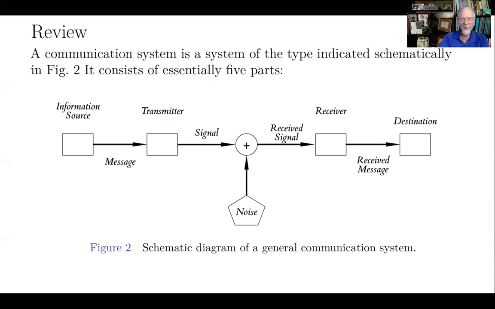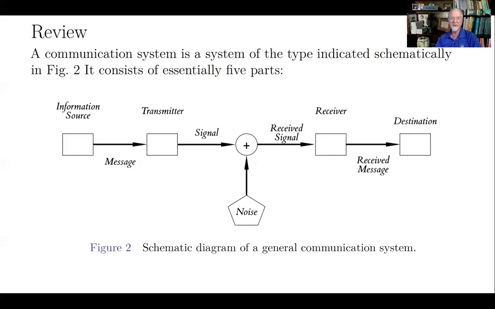You take one of those, put it into a transmitter, which converts the symbols in the message into some kind of a signal that can be sent over this channel. The signal will, of course, also have noise and distortion. And so the received signal will not be identical to the sent signal.